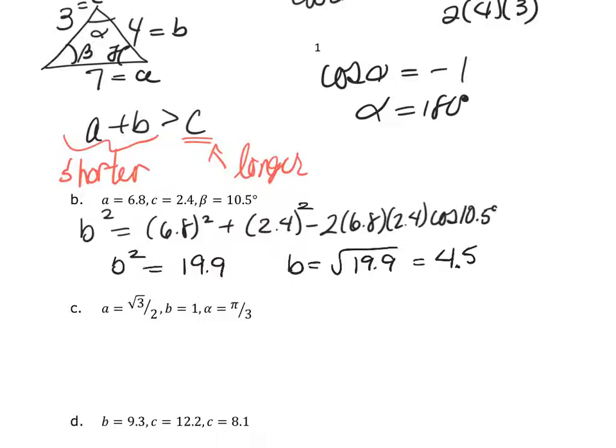4.5. All right. Now, can I use the law of sines? Absolutely, because now I'm chasing angles. So now I can use the law of sines because I have my beta and b. So I can do the sine of beta, which is 10.5 over 4.5, is equal to the sine of alpha over the 6.8.